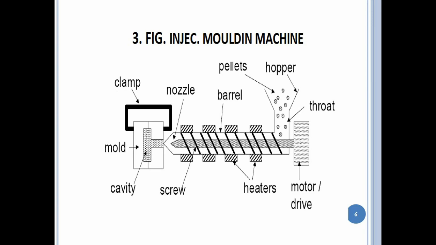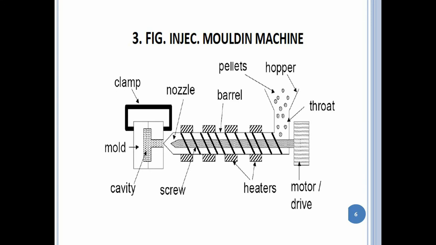Then with the help of the plunger, the molten plastic is injected towards the nozzle. The nozzle is nothing but a small opening through the die, and through the nozzle the molten plastic gets injected into the die or cavity.